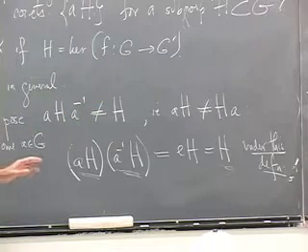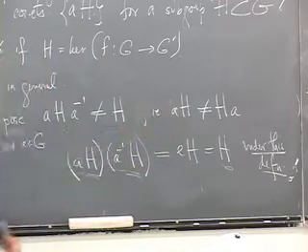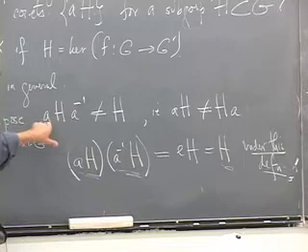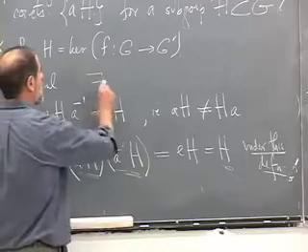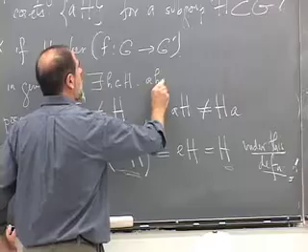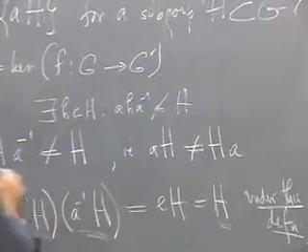Can someone give me a product of something in here times something in here which is not in H? Yeah, Emily. Okay, so this says here that there exists an element H in H such that A H A inverse is not in H. Right? That's this statement here.